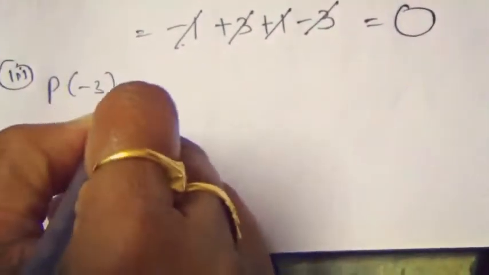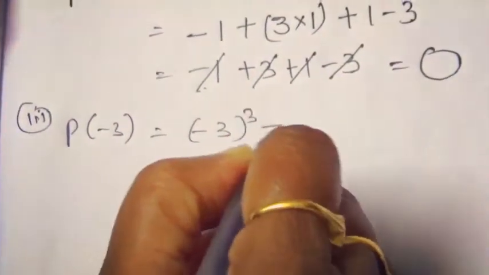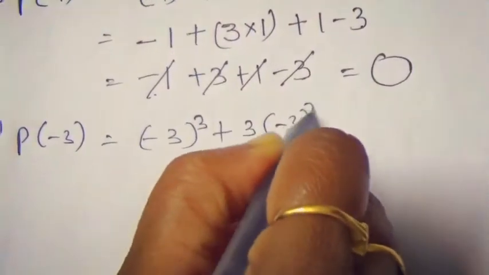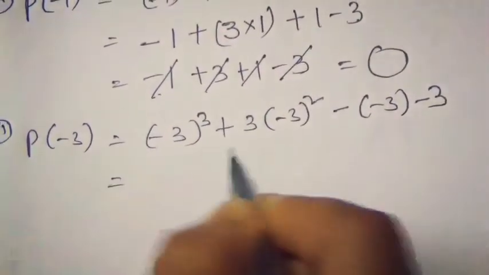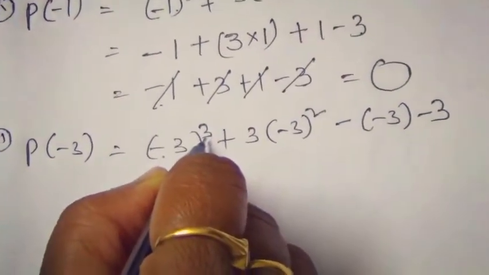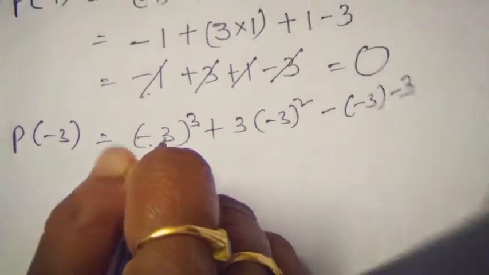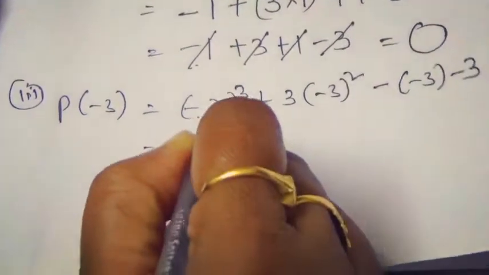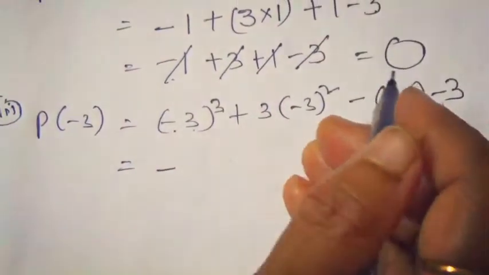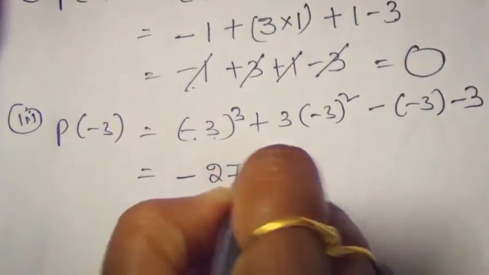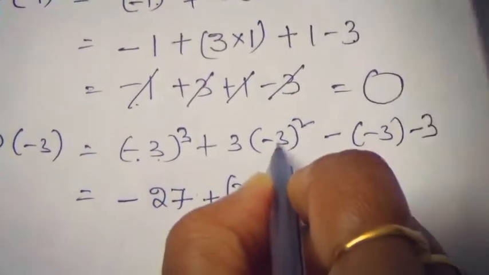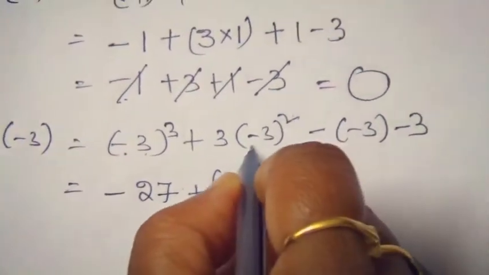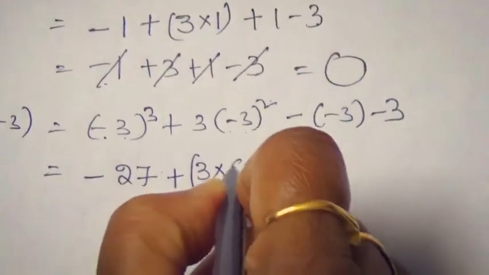And the third we have to check, that is p of minus 3. Minus 3 whole cube plus 3 of minus 3 whole square minus of minus 3 minus 3. That is equal to, minus it remains, why? Because the odd number is in the power. So minus 3 cube means 3 3s 9, 9 3s 27, plus 3 into, so the power is even, hence it becomes positive. 3 square means 9.